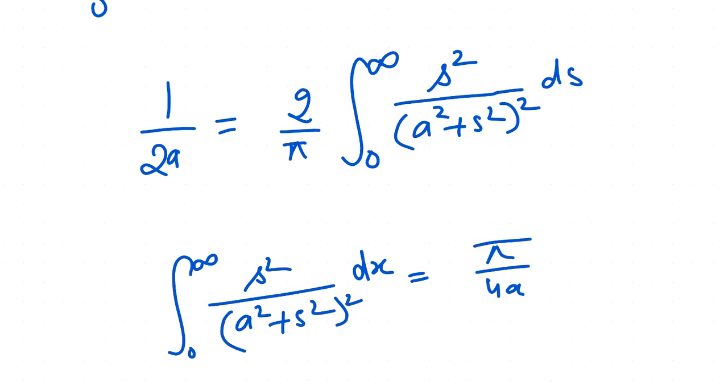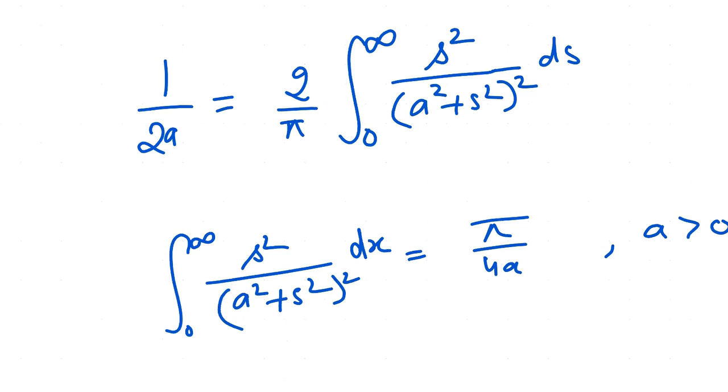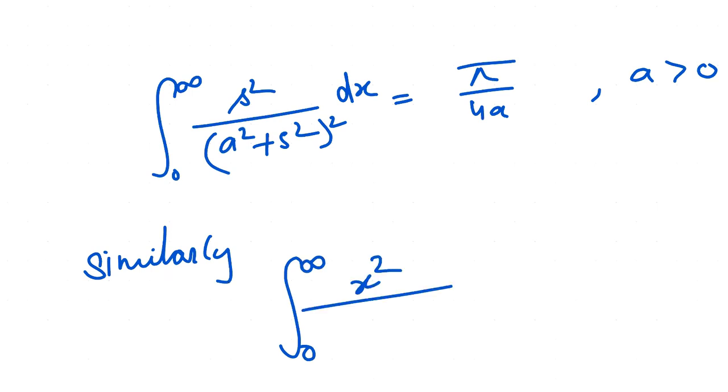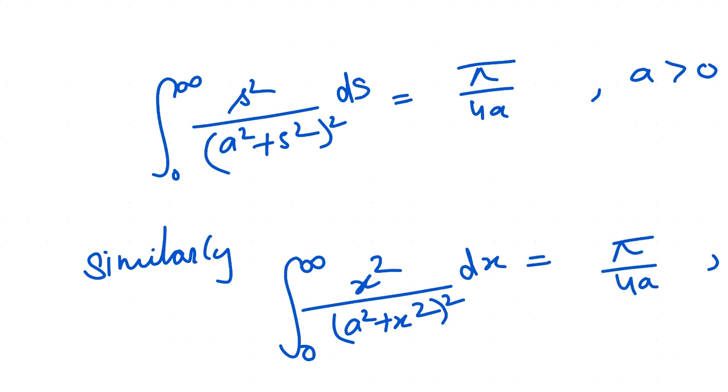Where a is greater than 0. Similarly, integration from 0 to infinity of x square over a square plus x square whole square dx is equal to pi over 4a, where a is greater than 0.